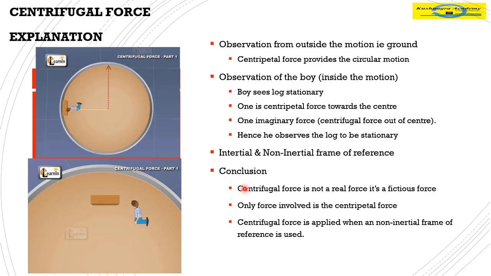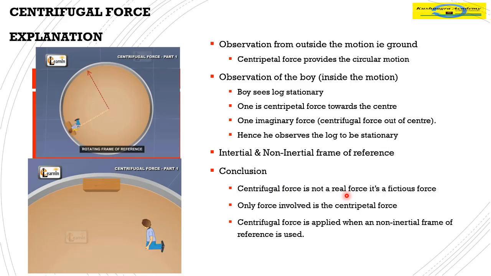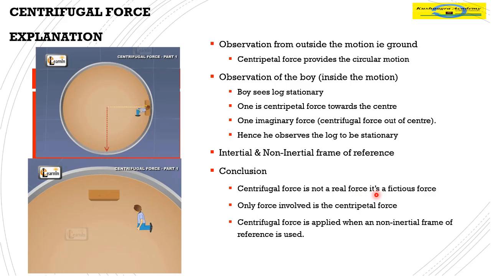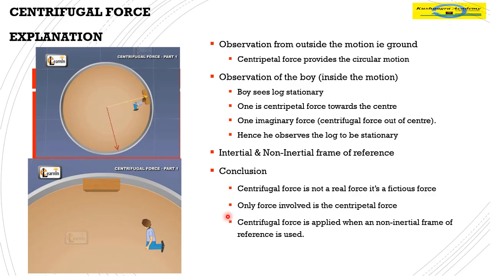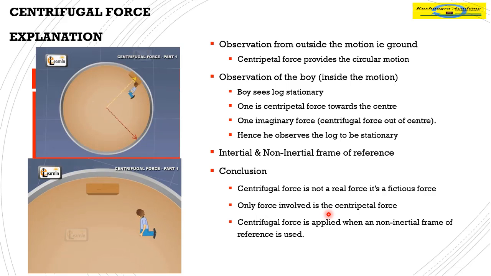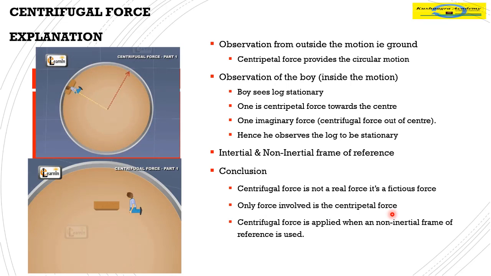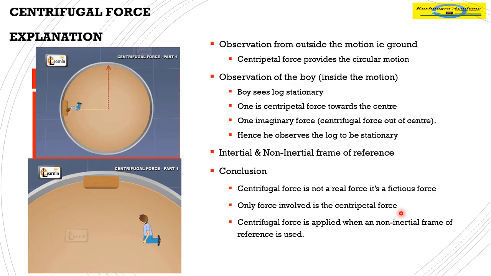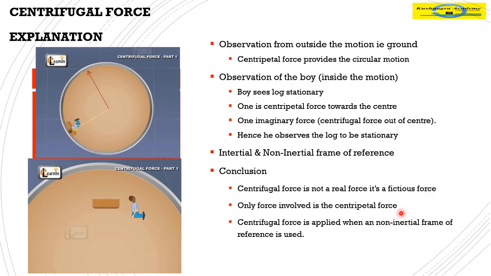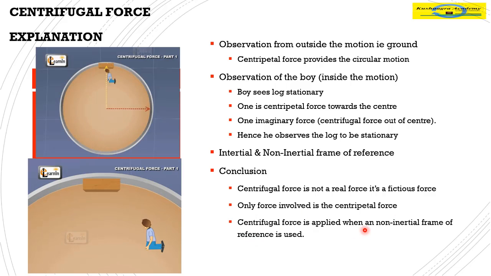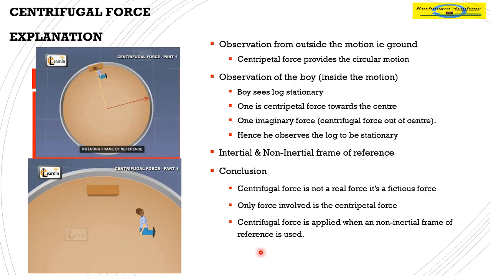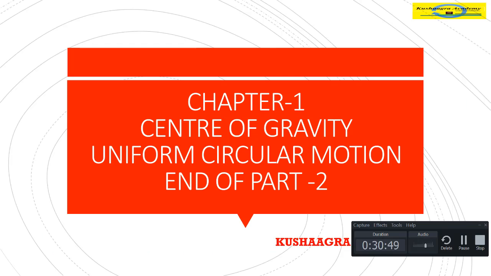So the conclusion is that centrifugal force is not a real force. It's a fictitious force. The only force actually involved is the centripetal force. Just when we are changing to another frame of reference, we are adding that imaginary force. So centrifugal force is applied when a non-inertial frame of reference is used.